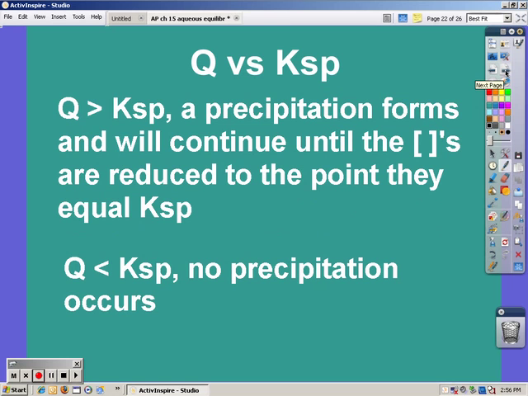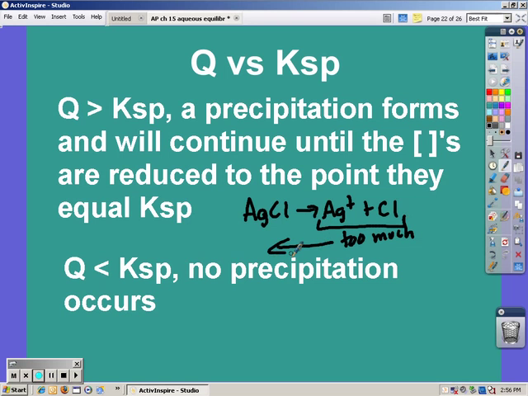So just like before, if Q is greater than KSP, then a precipitate forms, and will continue to form until the concentrations are reduced to the point that they equal KSP. If KSP is greater than Q, then no precipitation will occur. So as an example, if we have too much silver ion and chlorine ion, then the reaction shifts to the left.